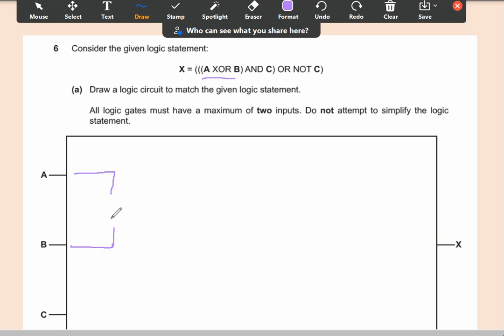But the A and B are connected using the XOR gate. So you have to recall how the XOR gate looks like. It goes this way and then that way. So let's try to draw that symbol here. We have these two inputs, and we have this first curve, another curve, and we will then draw that way.